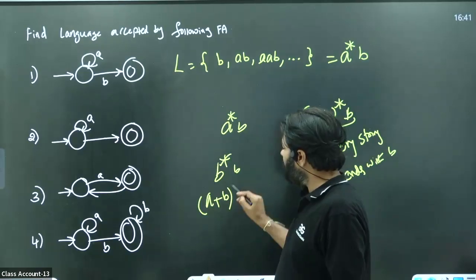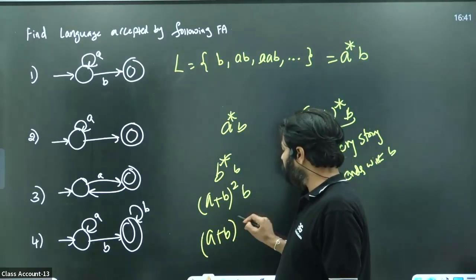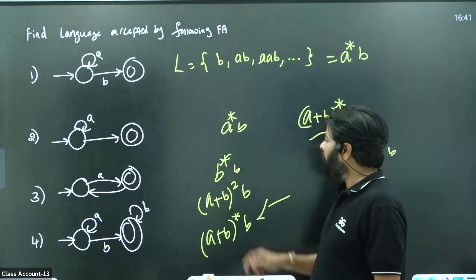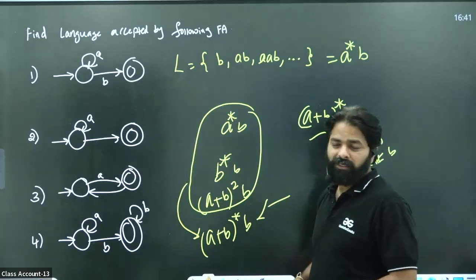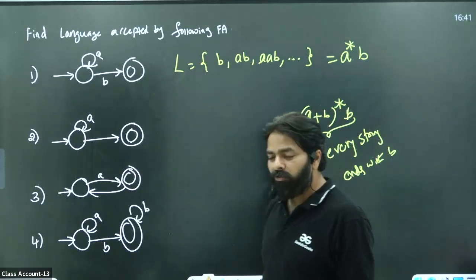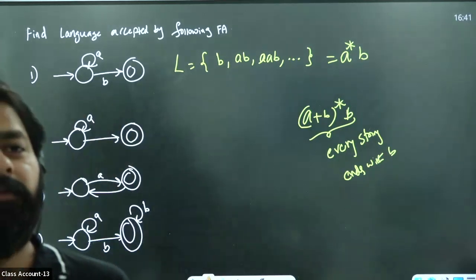A plus B squared B also looks like ends with B. Do you say all of them are ending with B? No. There is only one that covers every string, and these are only inside it, but they can't cover every string. So do not use the words when you don't understand the definition of the mathematical logic. Is that clear?